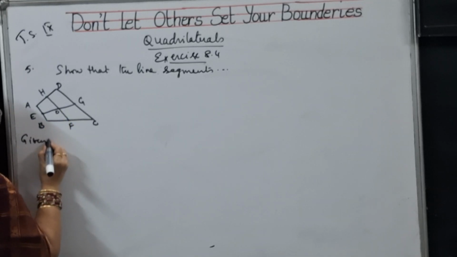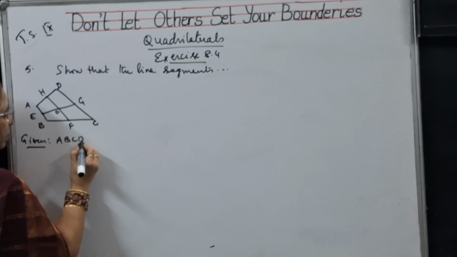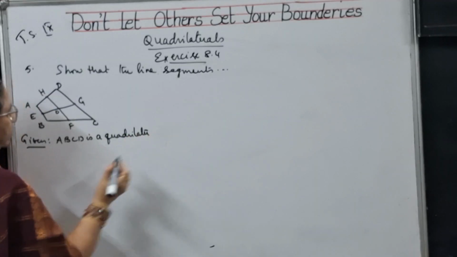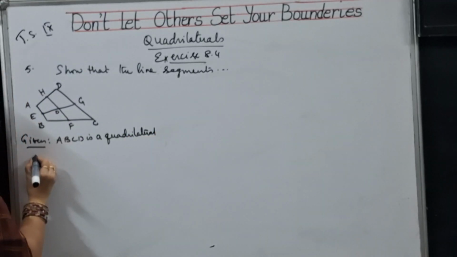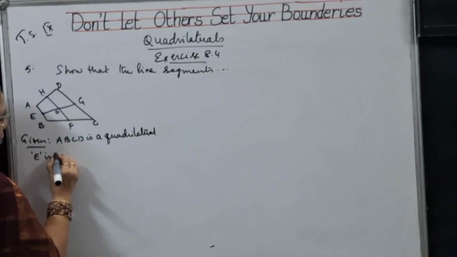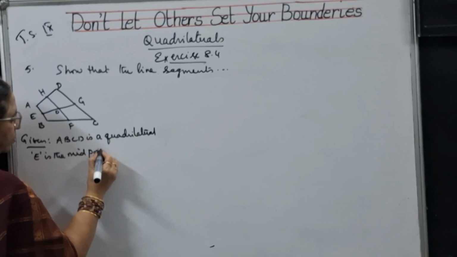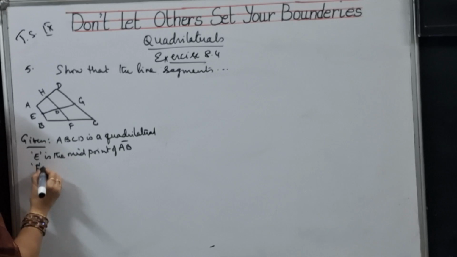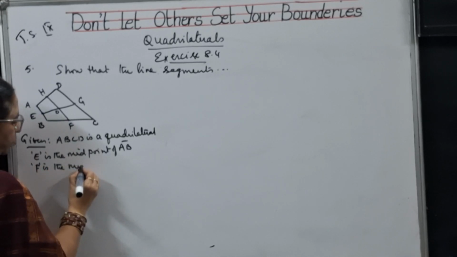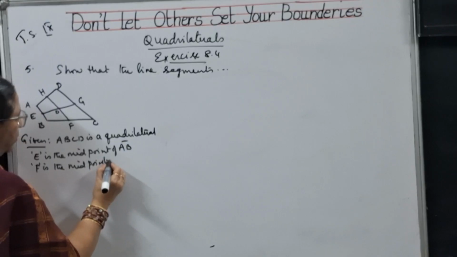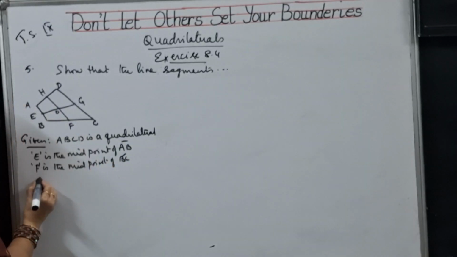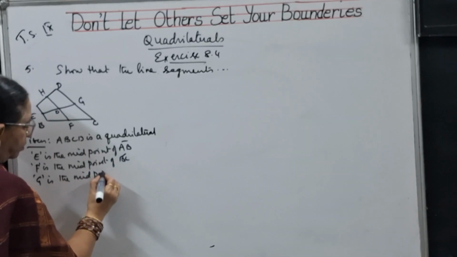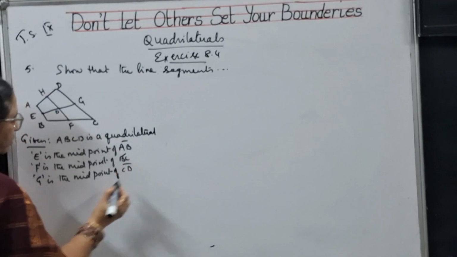What is given to us? We have ABCD is a quadrilateral, and E is the midpoint of AB and F is the midpoint of BC. G is the midpoint of CD.